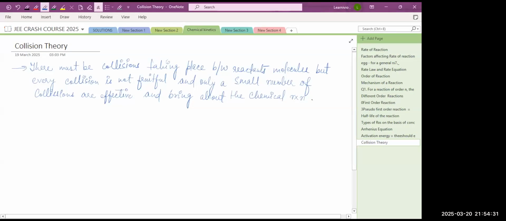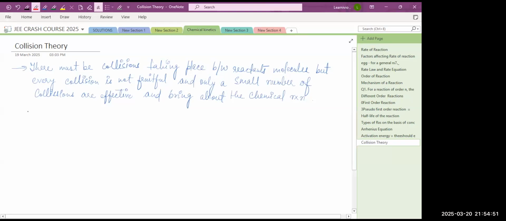Collision theory is based on the kinetic energy of gases. It produces greater insight into the energetic and mechanistic aspects of reaction. Okay, and what are the conditions of chemical change?